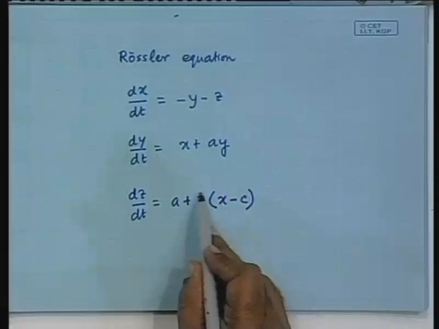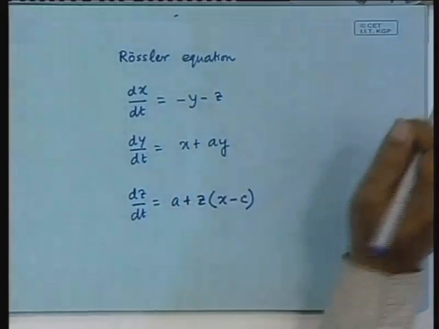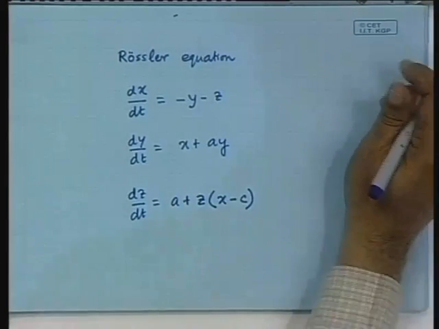Here is a bit of nonlinearity, this zx term, except for that everything is linear. So, in a linear system you would expect the kind of behavior that you already know.